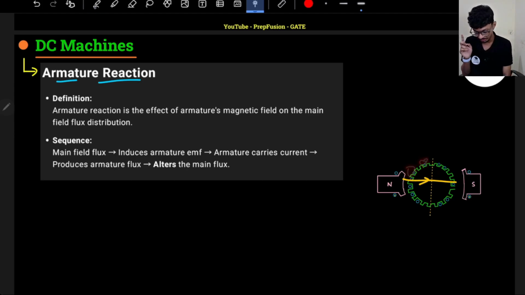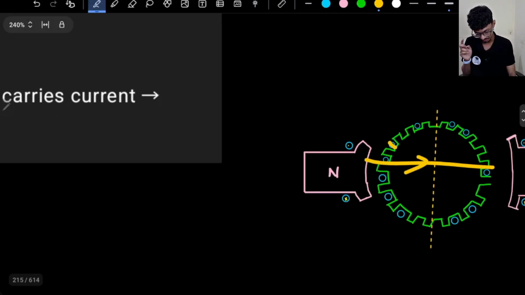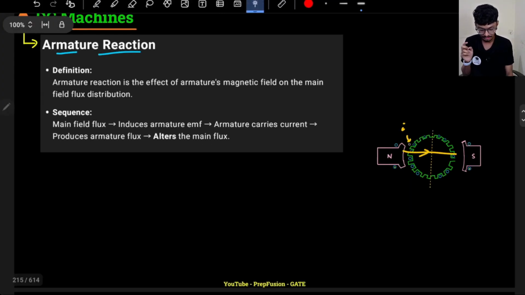Due to that induced EMF, there will be currents in the conductors, right? Whatever the value of currents, I don't care, there will be currents. And due to that flux cut, EMF will be generated, and I will get the output voltage, right? So that's how electrical energy is generated, correct?